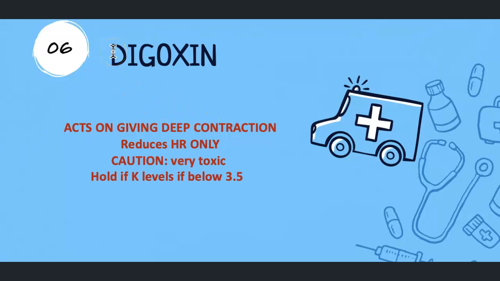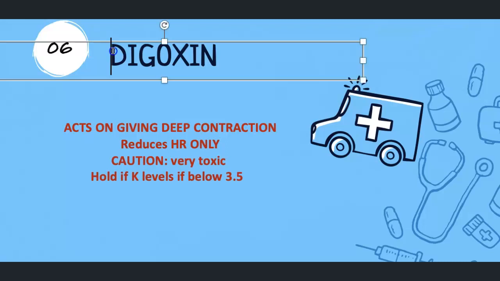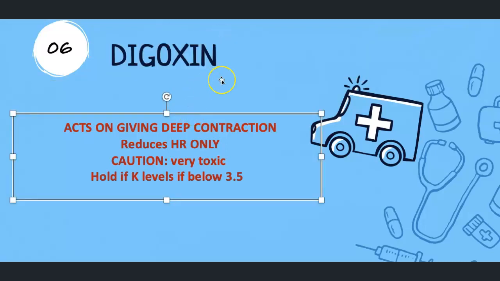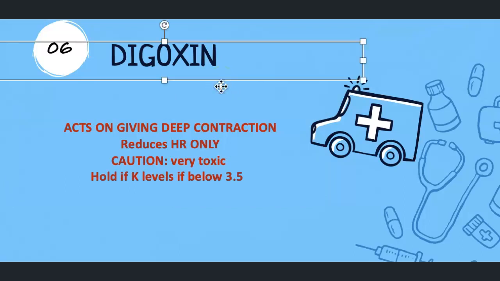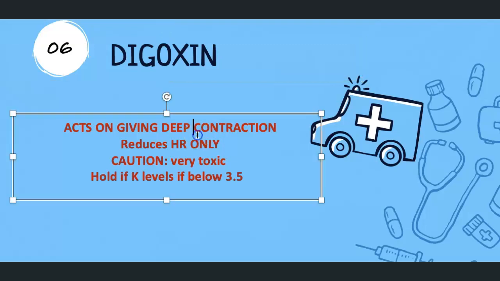This medication is one of the last resources, or one of the last medications that we can try in case of patients where other medications are not improving their heart failure.